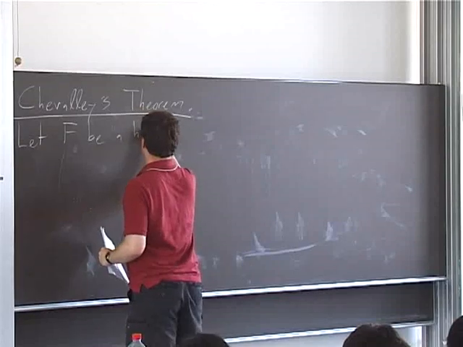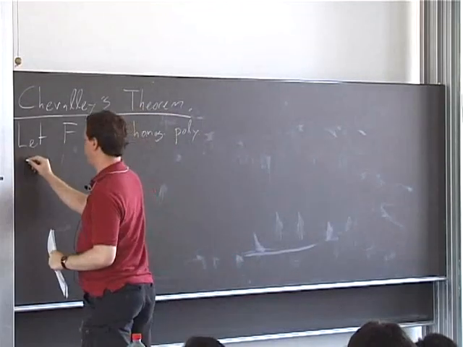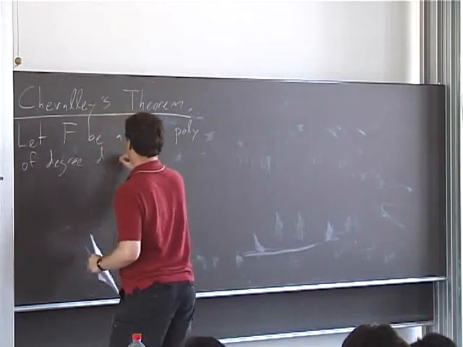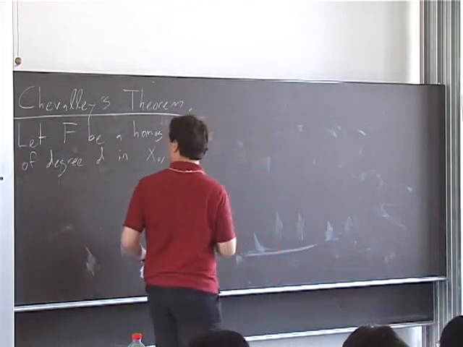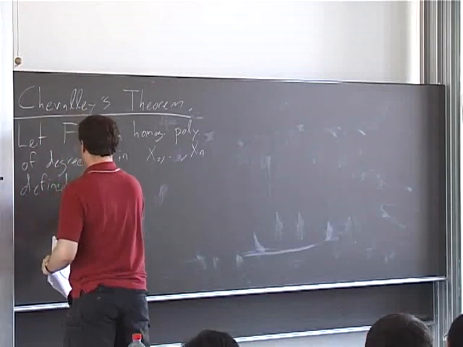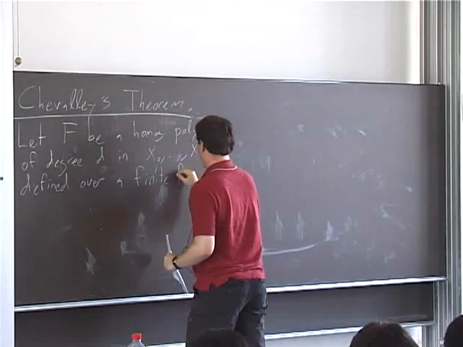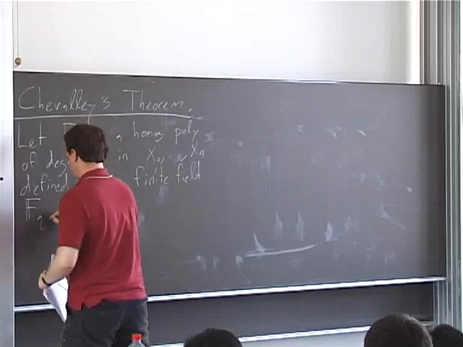Let f be a homogeneous polynomial of degree d in these n plus 1 variables, x0 through xn, defined over a finite field Fq.